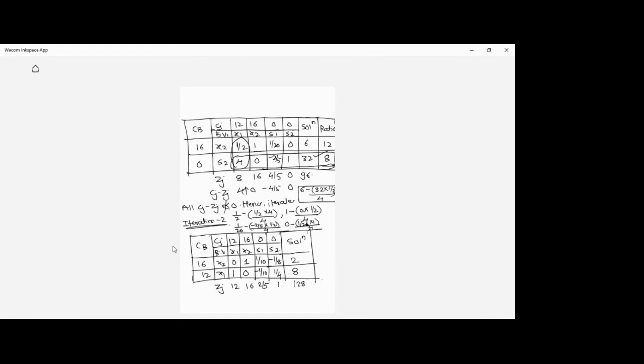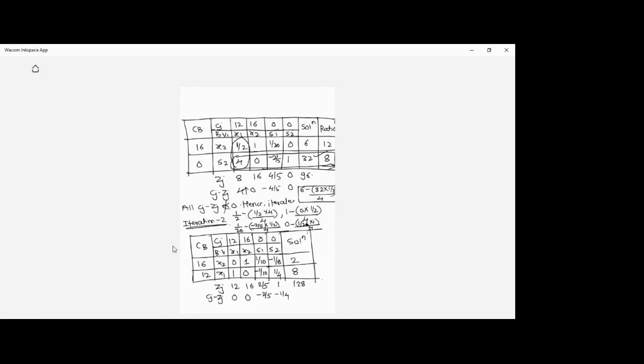128. Now I have to find out the Cj minus Zj values. So it is 12 minus 12 comes out to be 0, 16 minus 16 comes out to be 0, 0 minus 2 by 5 comes out to be minus 2 by 5, and 0 minus 1 by 4 comes out to be minus 1 by 4.